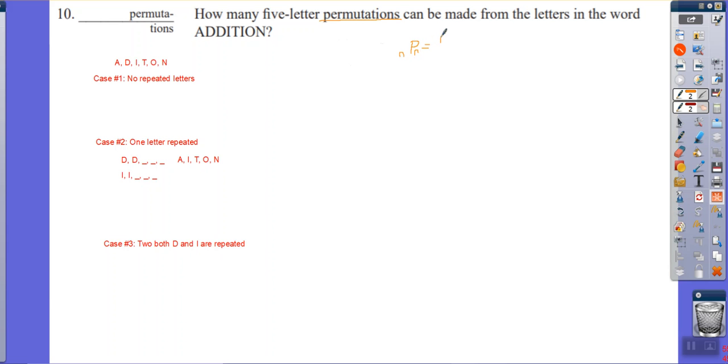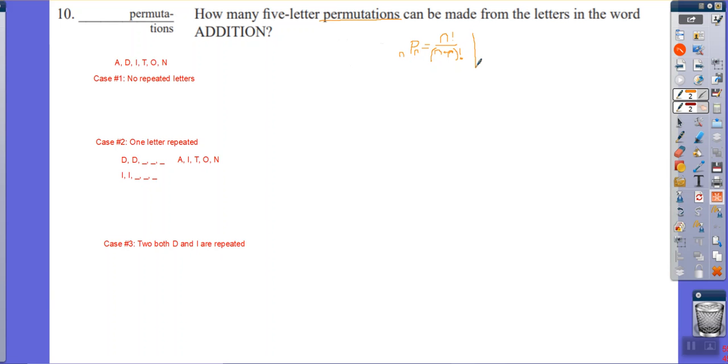So permutations can be found by n factorial divided by (n minus r) factorial. That's a lowercase r, folks, and that's in parentheses. That's a subtraction, factorial. Again, permutations really deal with numbers and letters because the order determines meaning.